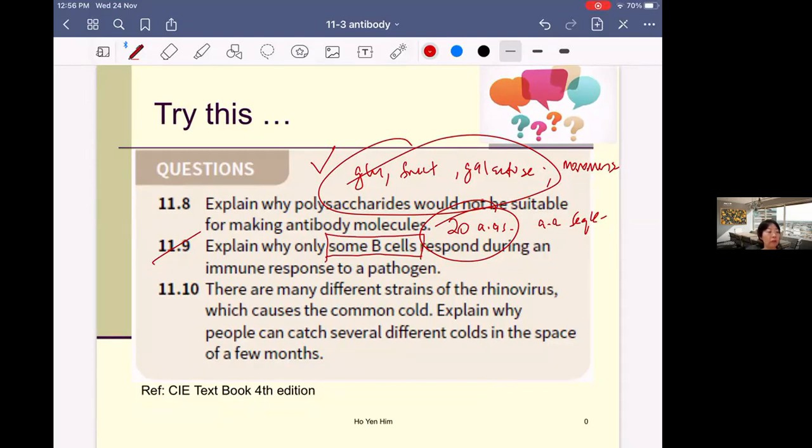Can I have Geng Yiwei to answer? I'm not sure. We just learned the immune response only. Remember clonal selection? Do we select all the B cells? Which B cells will be selected?